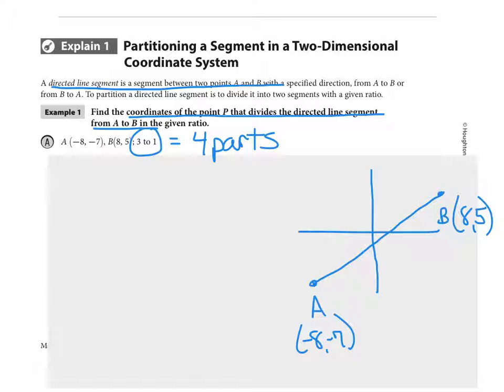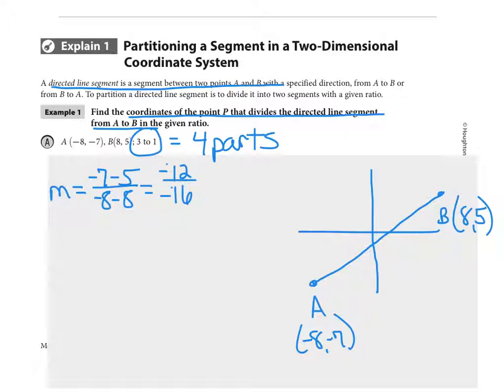Now, the first thing I want to do is know the distance between the x's and the distance between the y's, and we can do that using slope. So slope is y minus y over x minus x. The distance between my y's is 12 and my x's is 16.